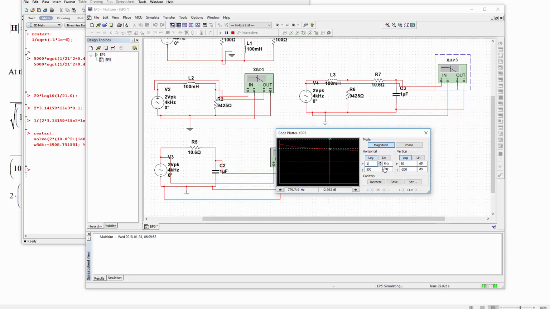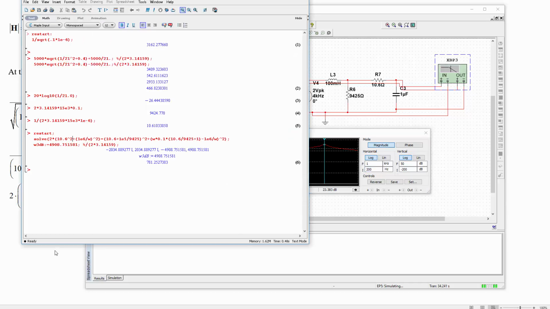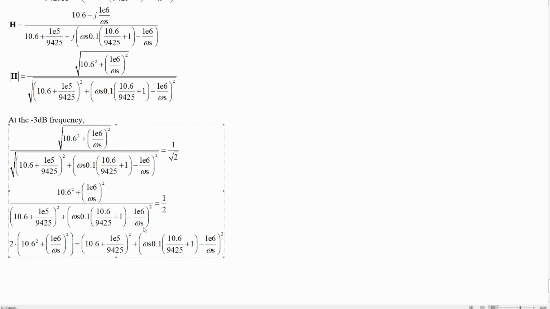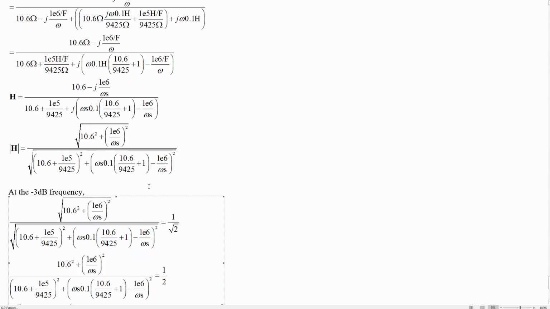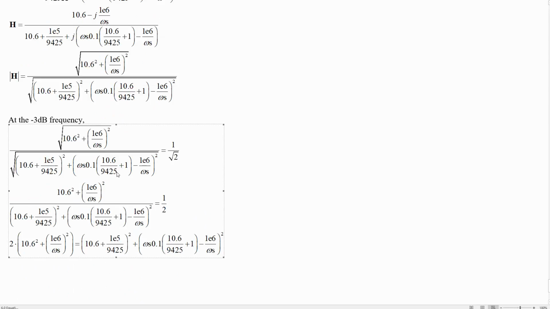And now, while we're here, let's see if we can understand what's going on with this resonance effect. So it looks like something special is happening at about 500 hertz. And to see what's going on with that, we'll go back to the analytical part. There's a point where, because we have the L and the C acting in the circuit in the way that we are, we can zero out this.